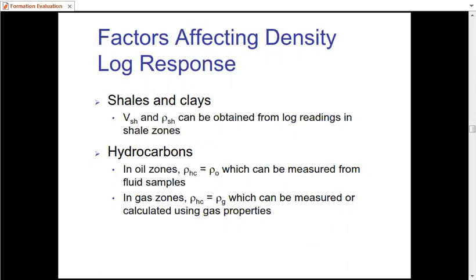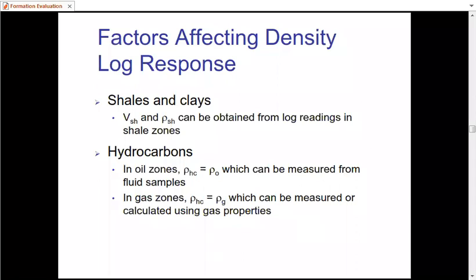The second factor affecting density log response is the shales and the clays. The shale volume and the density for shale can be obtained from log readings in shale zones. And the hydrocarbon type will affect the density log response.